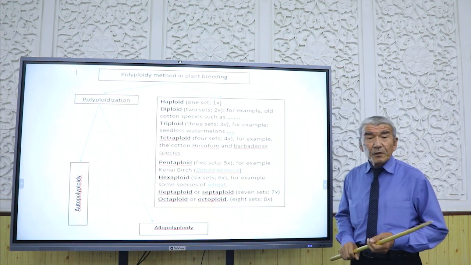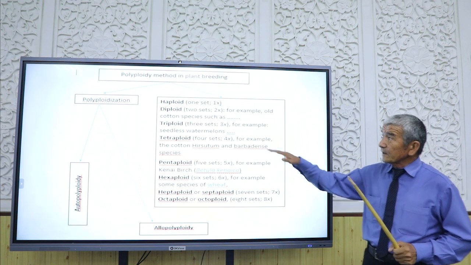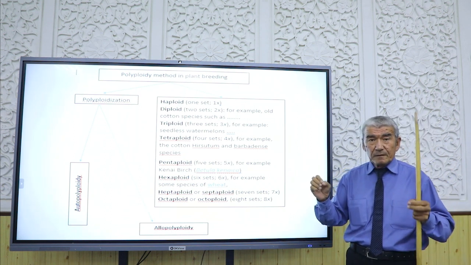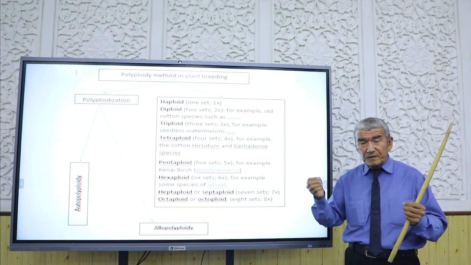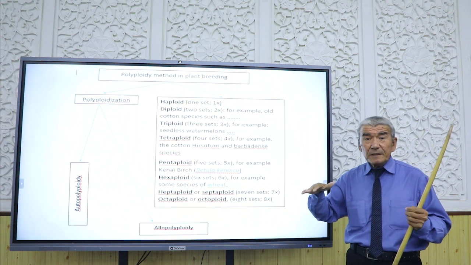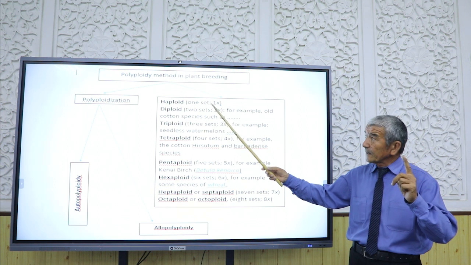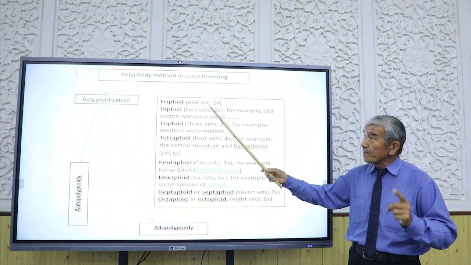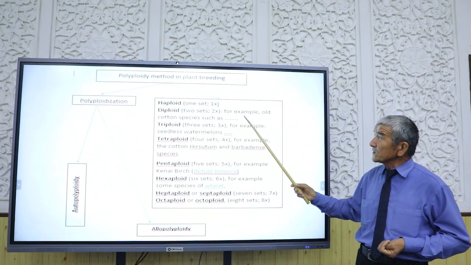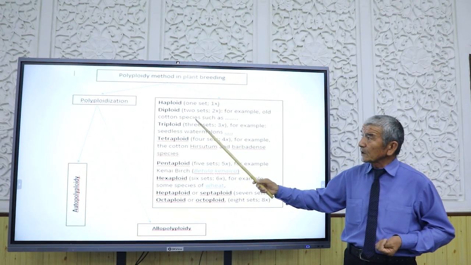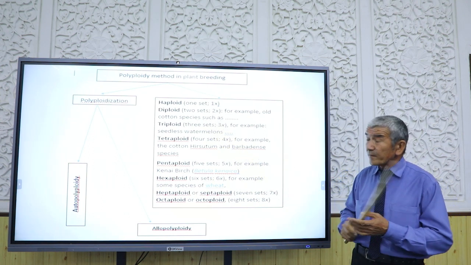As we mentioned above, the gamete that is ready for hybridization is a matured cell bearing a haploid, one set of chromosomes. For example, old cotton species like arboreum and herbaceum.